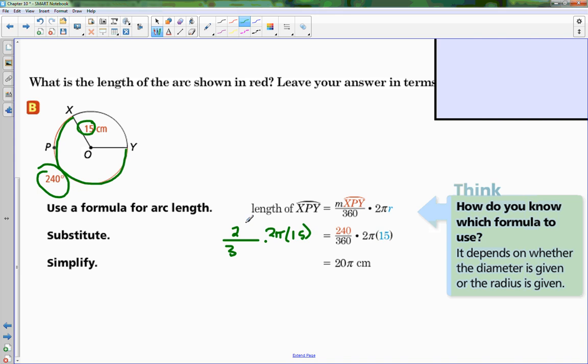I'm going to shimmy shuffle these around a little bit. I'm going to combine the 2's together. I'm going to put the 15 right next to the 4. And I'm going to put the 3 over the 15, because what is 15 divided by 3? 5. And then 4 times 5 is 20, and 20 pi is our final answer.